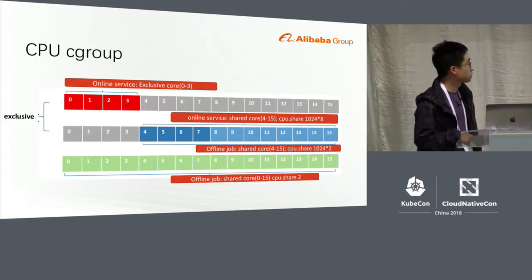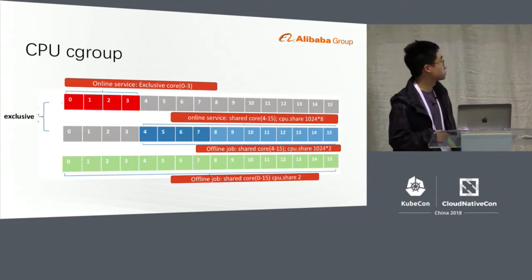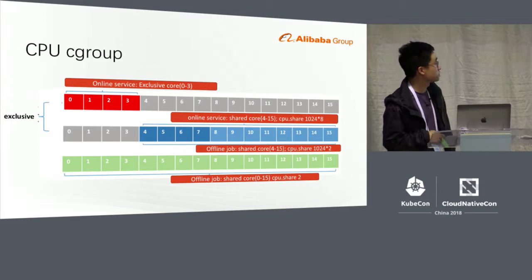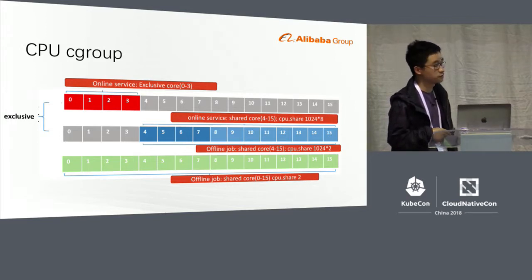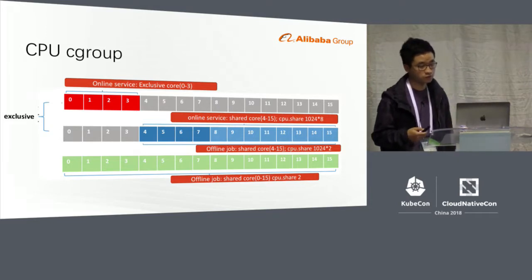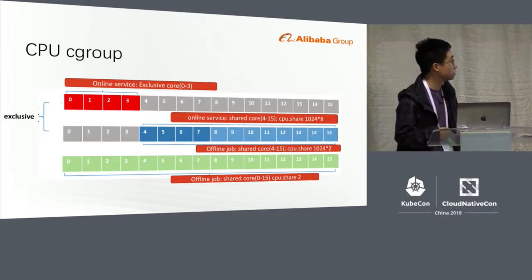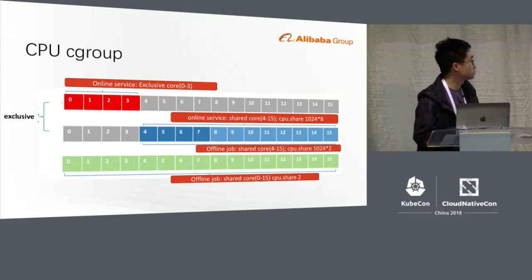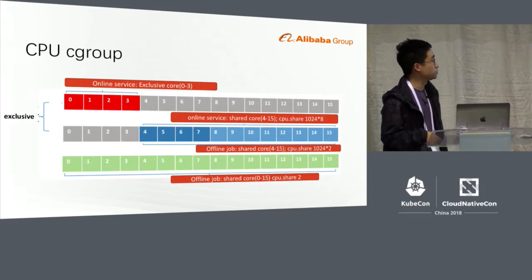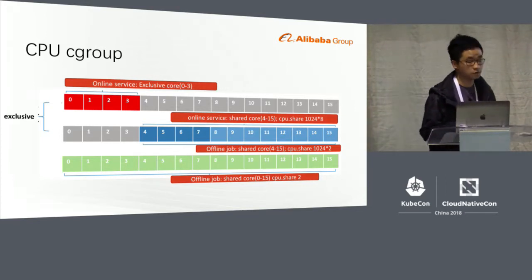So this picture actually describes the cgroup hierarchy structure. On the first line is the exclusive core, which means some of the online services, because they have a high priority, will reserve some cores. Like 0 to 3 is reserved for some high priority applications, and 10 to 15 is for shared.